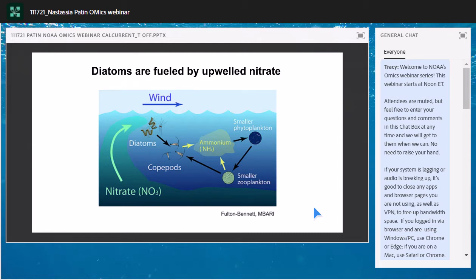And actually, conversely to what you might think, rather than drawing down carbon, they actually push the balance towards outgassing of carbon into the atmosphere. I don't quite understand the chemical oceanography there, but they certainly have important implications for carbon cycling. And in addition to that, they are, like many phytoplankton, big producers of DMSP. And so their abundances and their interactions in the global ocean are very important.